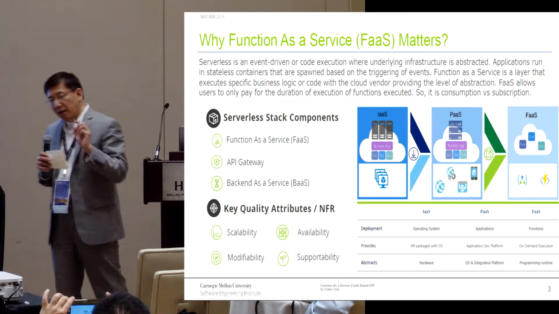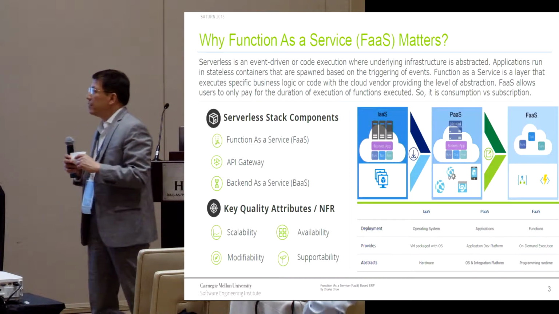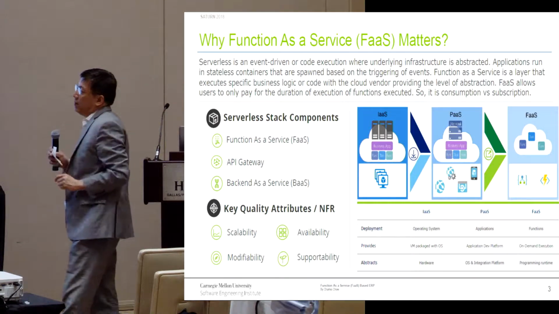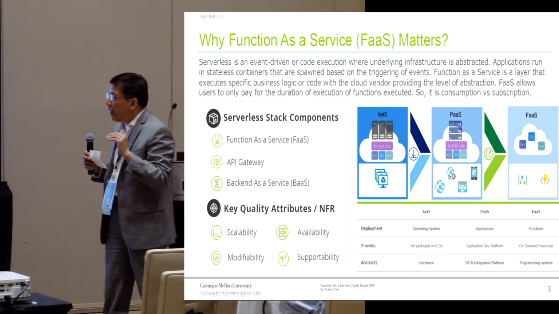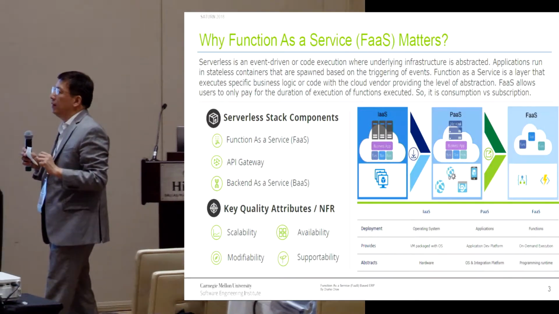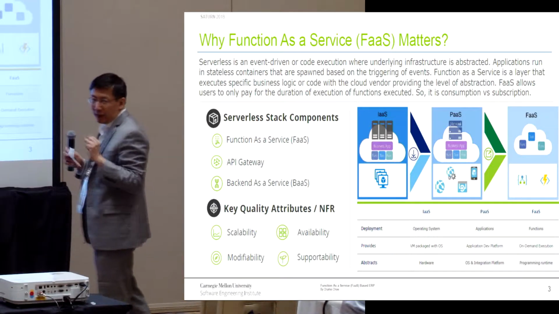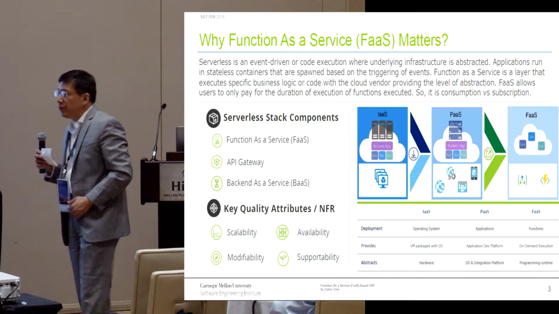When we talk about architecture, you have to tie it to the business, the cost, and all the attributes. Overall, the serverless stack components are FaaS, function as a service, API gateway, and backend as a service. But today I will be focusing on the implementation of a FaaS application, which is ERP. And also look at the key quality attributes.